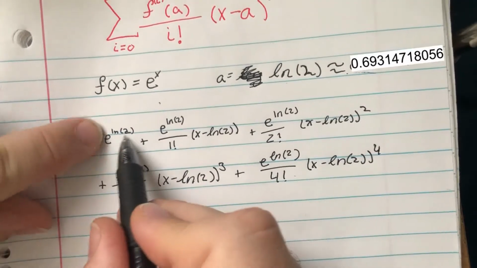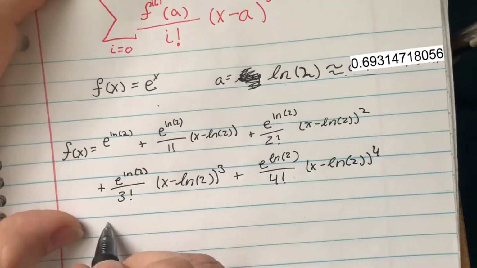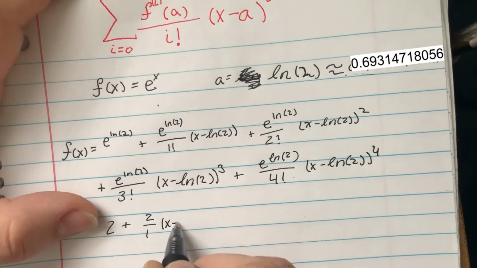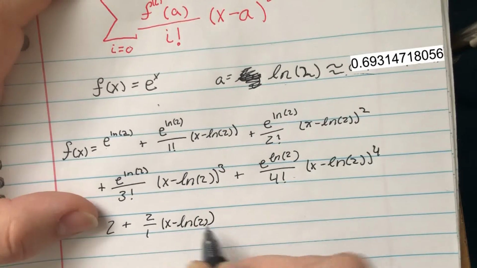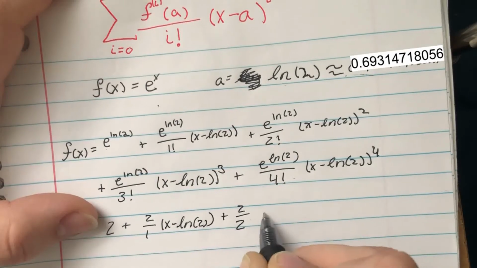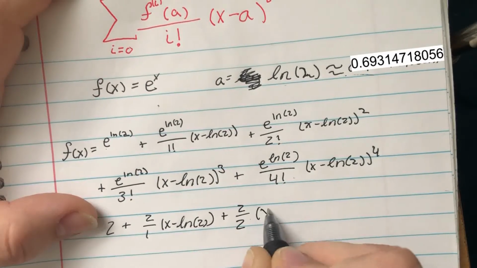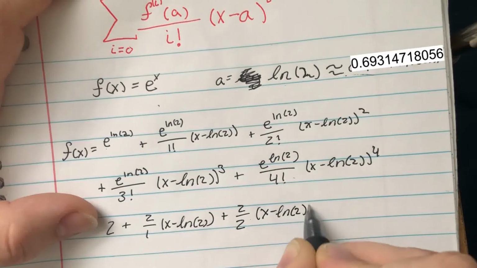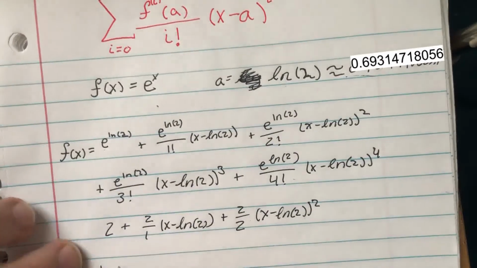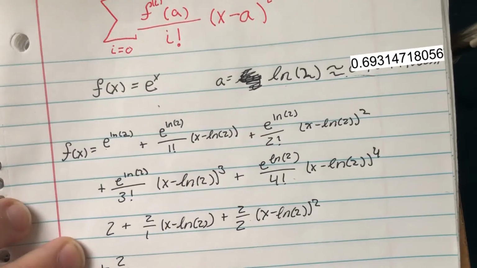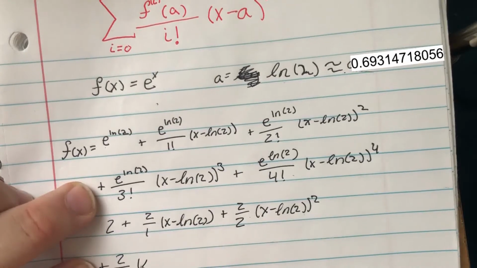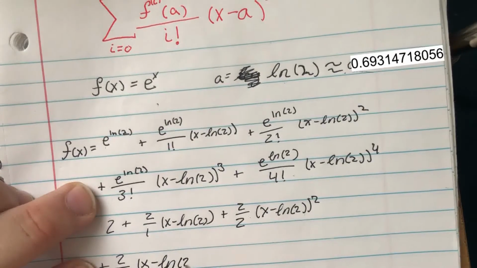You can notice that e to the natural log of 2 is just 2, so we have 2, plus 2 over 1, x minus natural log of 2, plus 2 over 2, x minus the natural log of 2 squared, plus 2 over 6, which is 3 factorial, x minus the natural log of 2 to the third.